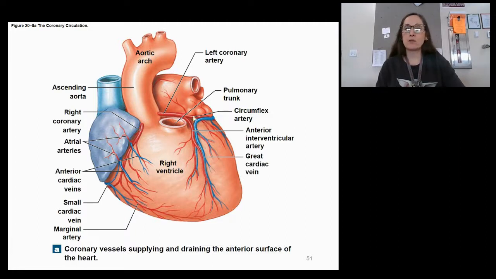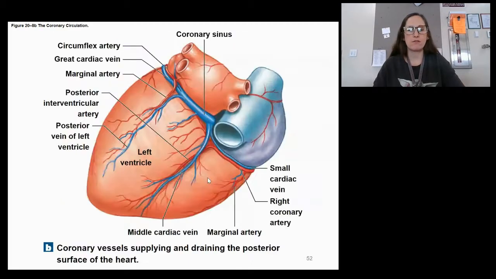We have something called the circumflex artery. That's one that often gets plaqued up when we are struggling there. And then we have anterior, and we'll see momentarily, posterior interventricular artery. So it runs right along where our interventricular septum is. So it's a good external heart marker to be able to identify structures.